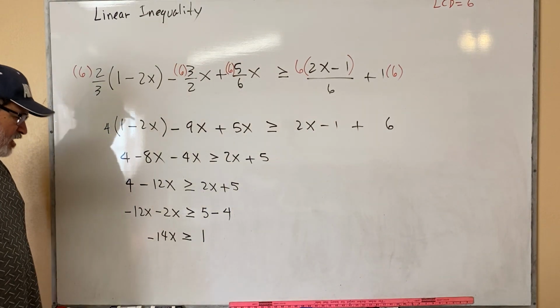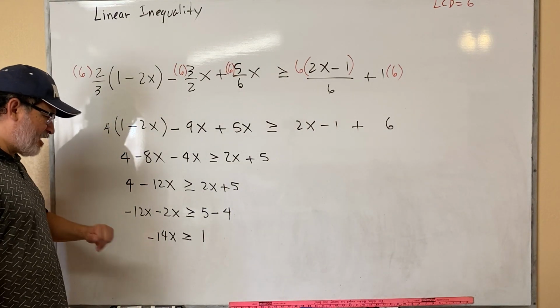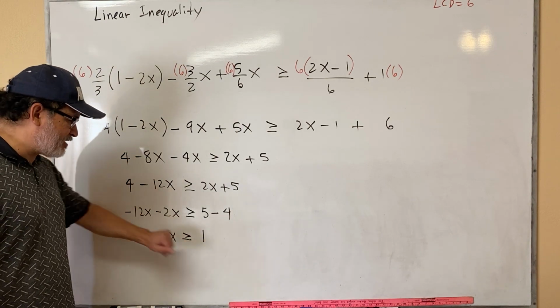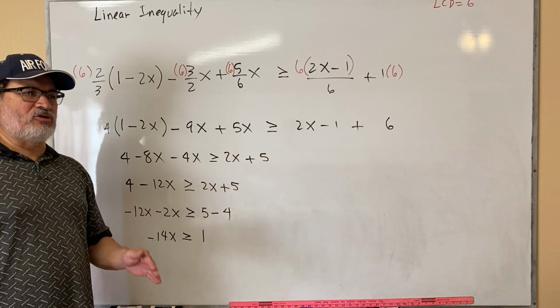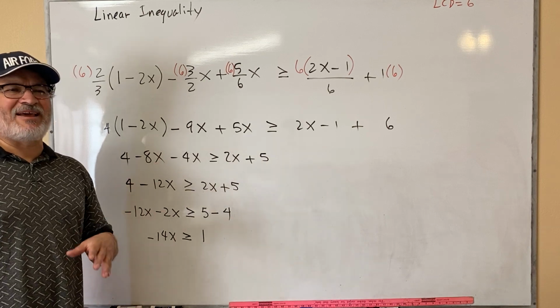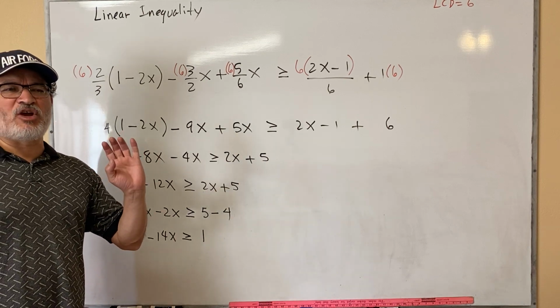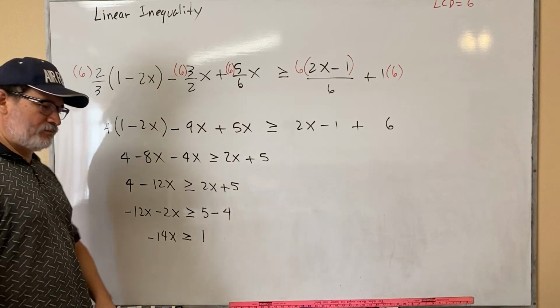So I'm going to divide this by negative 14 and this by negative 14. Whenever you divide or multiply an inequality by a negative, you must reverse the inequality symbol.